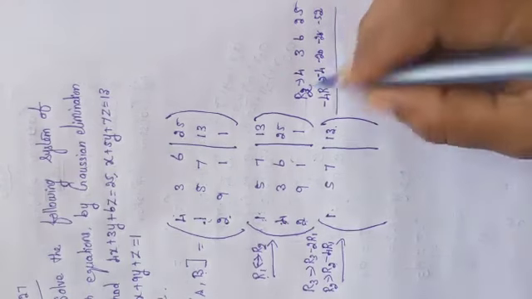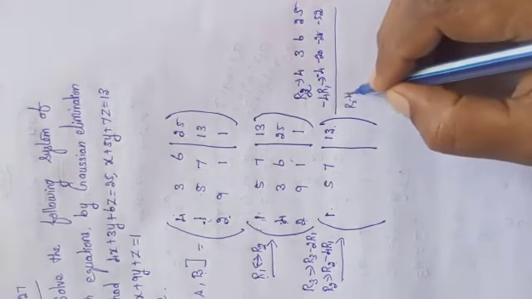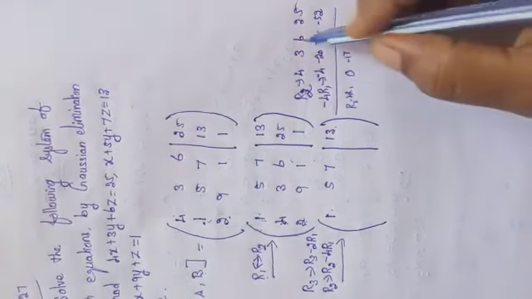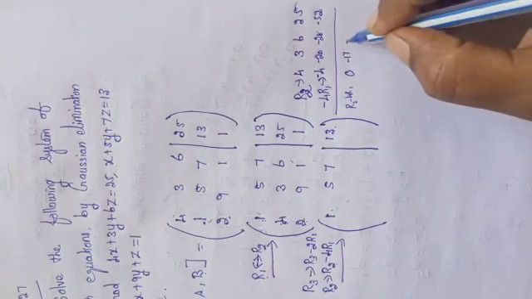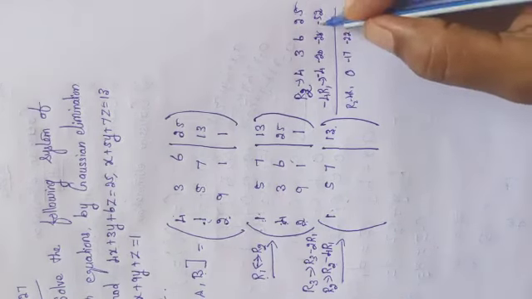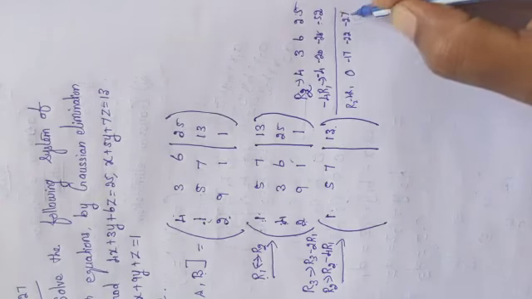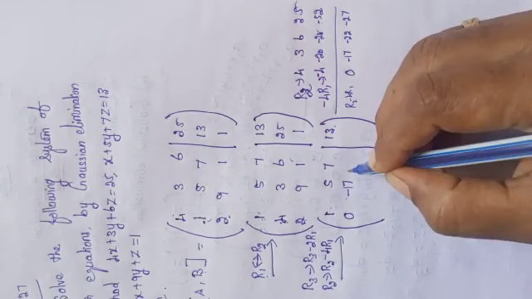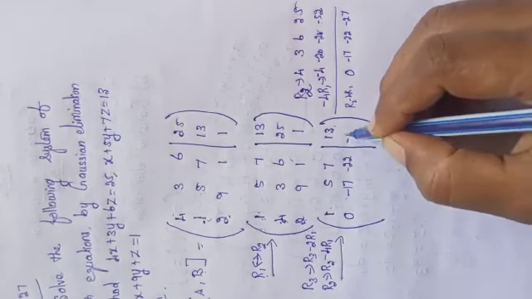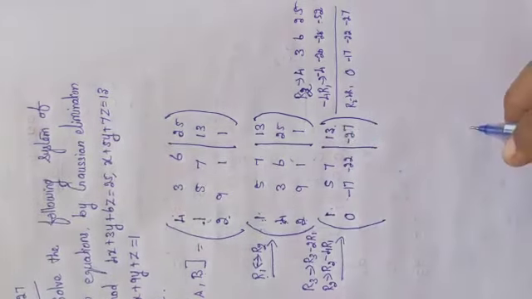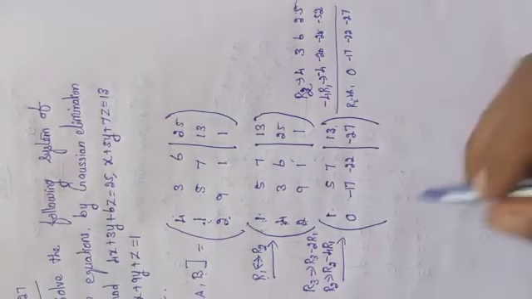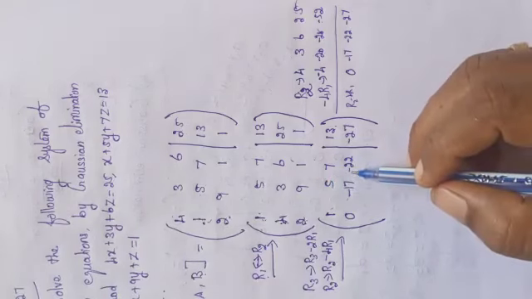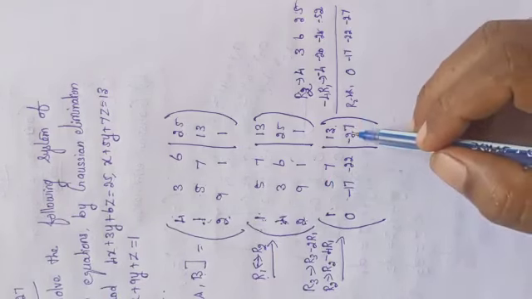Now, add both. That is R2 minus 4 into R1. 0, 3 minus 20 is minus 17, 6 minus 28 is minus 22, 25 minus 52, we will be getting minus 27. So, directly you can write it 0, minus 17, minus 22, minus 27. Is that clear? Or if you know, you can calculate the values in your mind and write it, no problem.